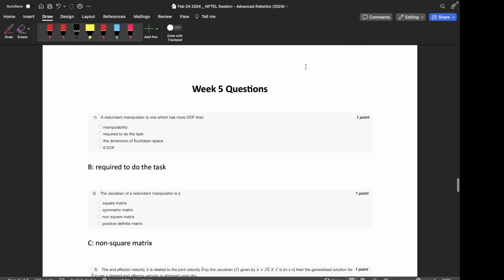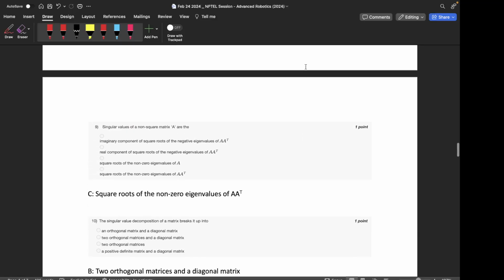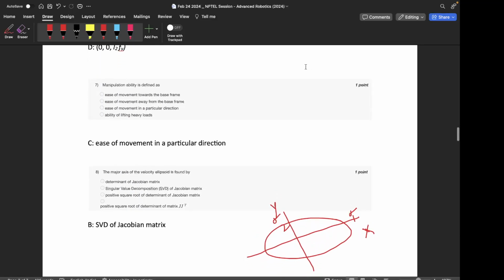And in robotics, this SVD of a matrix comes up when we discuss manipulability. What we form is the manipulability ellipsoid. There is a quantity J J transpose.